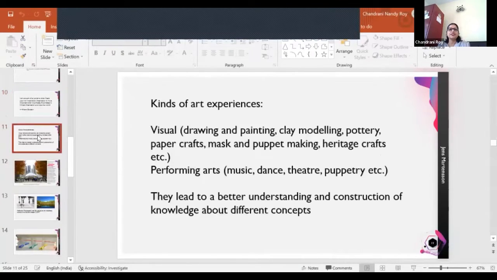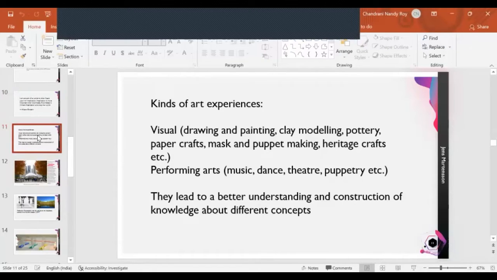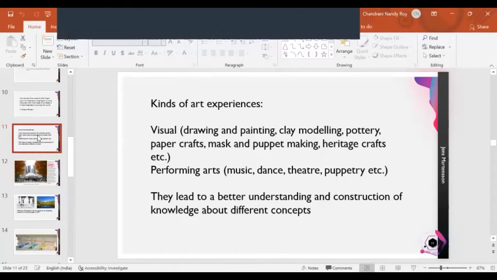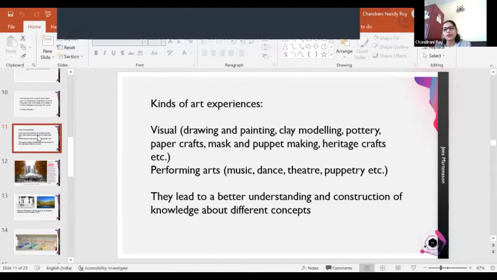This is just the kind of art experiences that we can have. It could be visual, where we can ask children to use their drawing and painting skills, or clay modeling. Yesterday, we had an activity where we checked out clay modeling for understanding why a skeleton is important for movement. Then pottery.